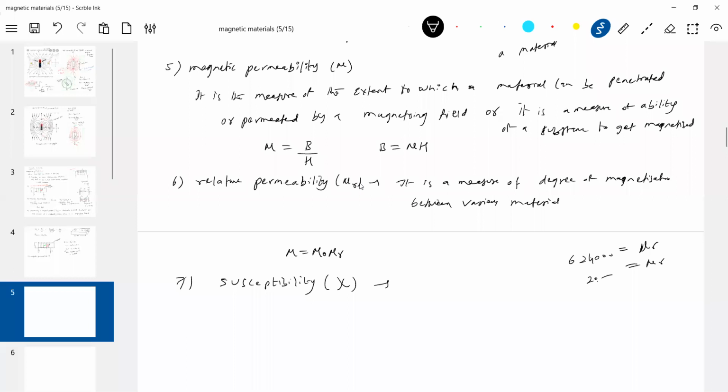Again, it's a measure of the ability of a substance to take up the magnetization. It's similar to that one only, but it will tell us very clearly in what direction the Bm is.